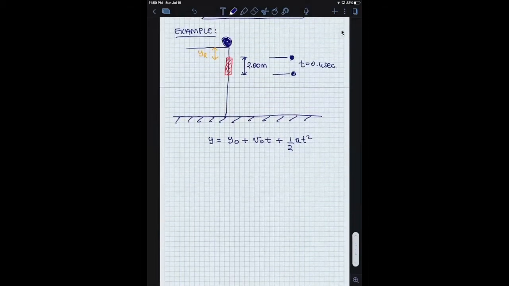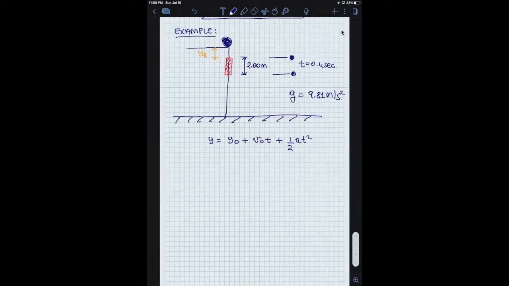This problem deals with a ball falling vertically, and the gravitational constant in this case is gravity, which is equal to 9.81 meters per second squared.